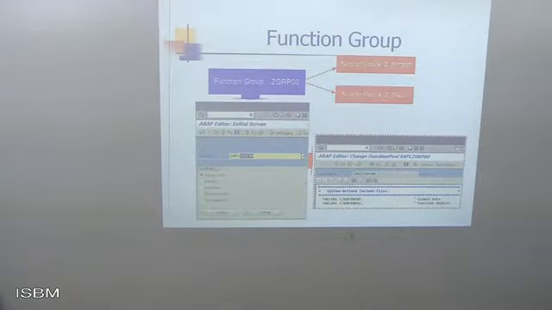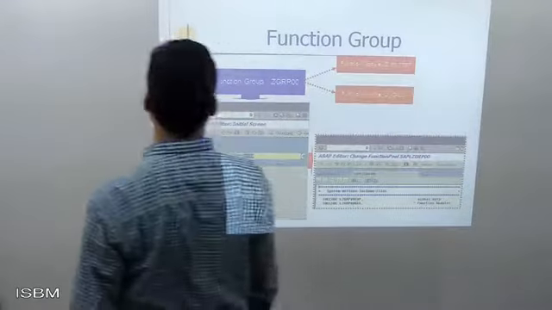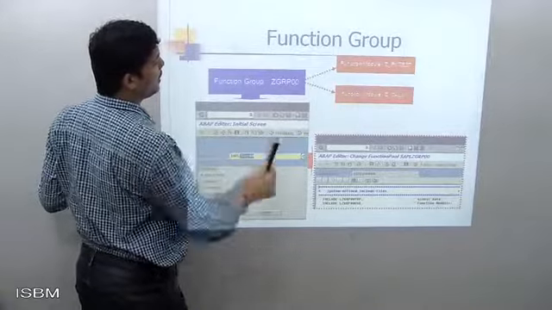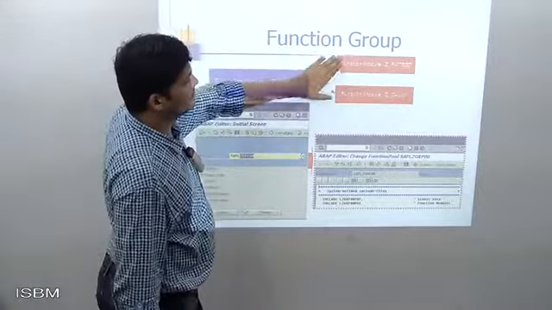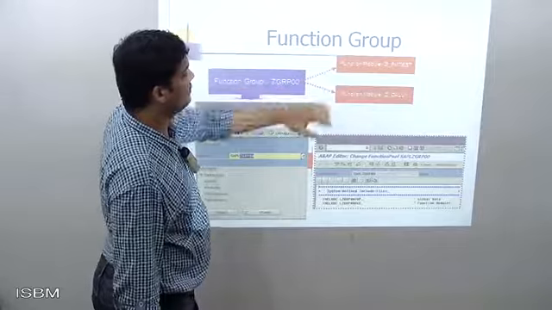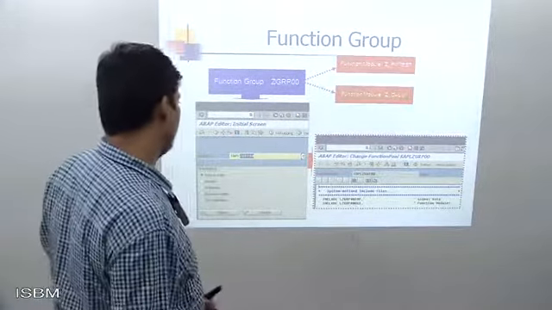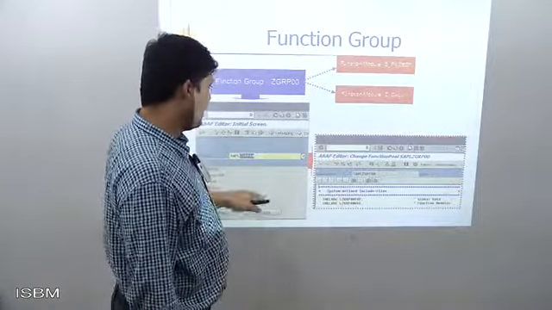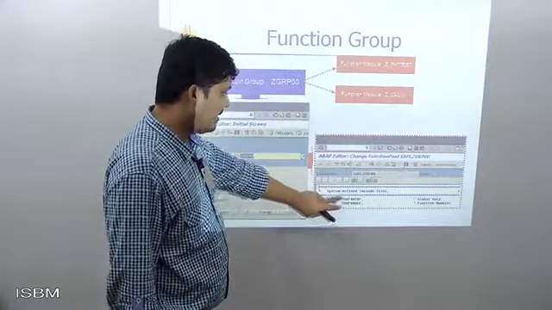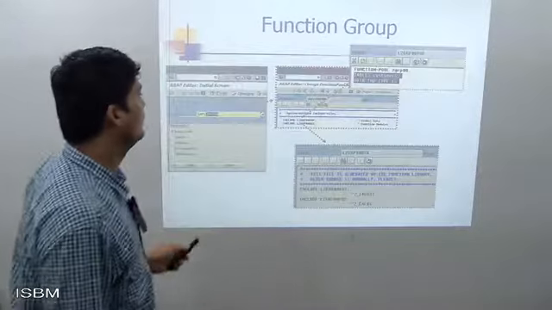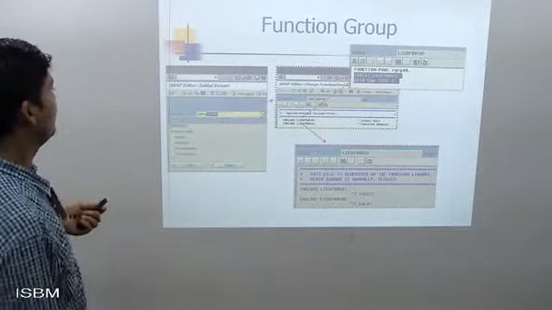Now the function group. I have created the function group ZRPOO, RPO00. These are the two function modules which come under this. You can see that in the program I have written the logic. I have created the include, one for global data and one for function module.